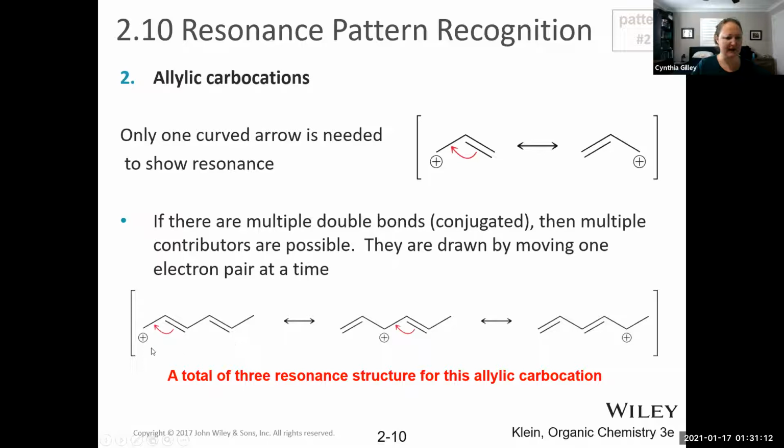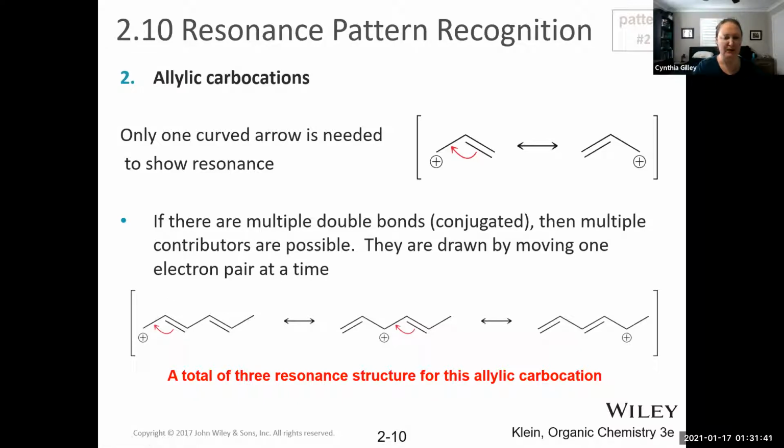Sometimes if there's an extended conjugated system of p orbitals, so for example, if you have additional pi bonds in conjugation with the first pi bond, then there will be more than two resonance contributors. We can just shift one pi bond at a time, moving the positive charge to every other atom, as you can see in the three resonance structures drawn here.